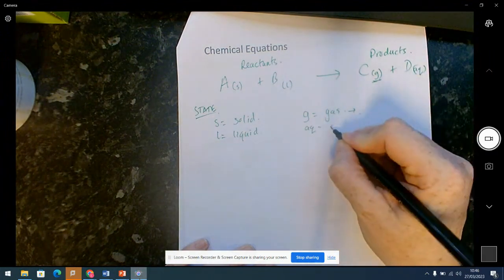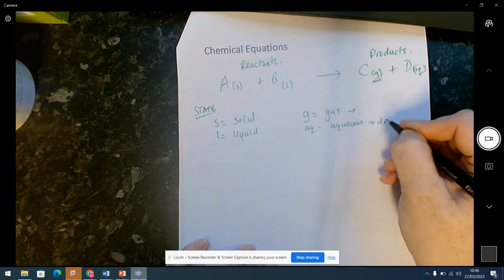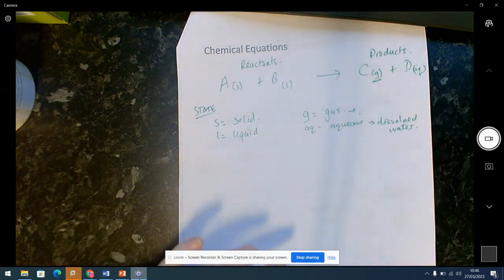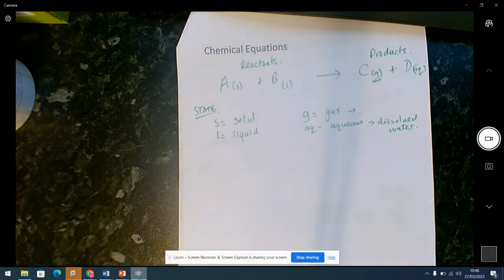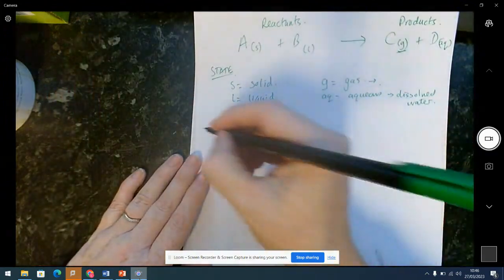And then AQ, which stands for aqueous, which means you've got something dissolved in water, for example. Your acids, alkalis, salt solutions, they're all examples of aqueous, and AQ comes up in electrolysis, which is in paper 1.